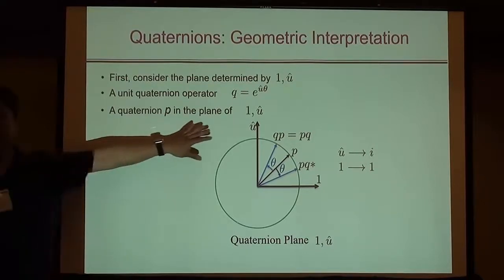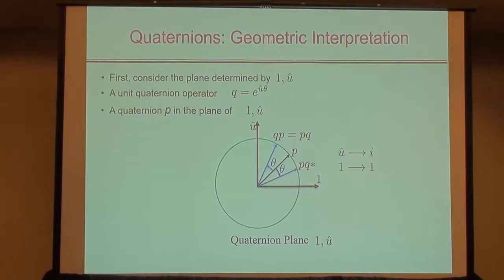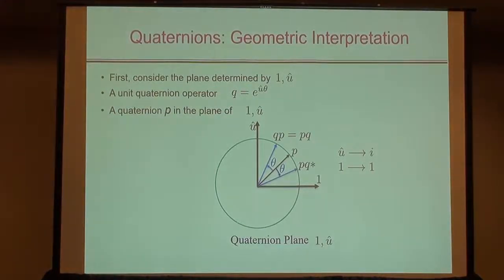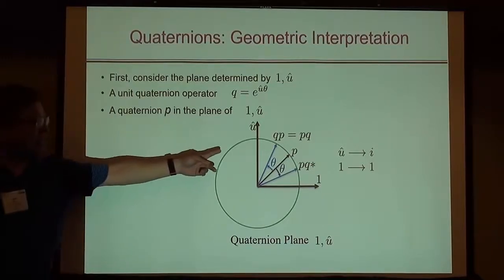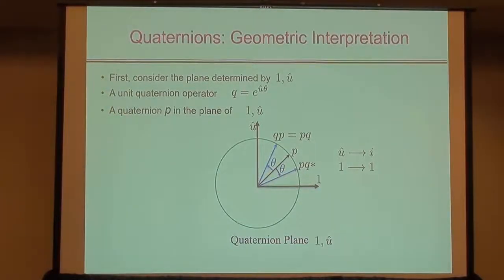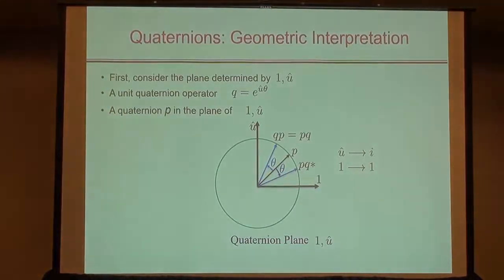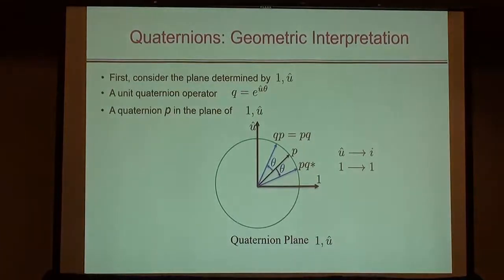So people will always say Quaternion represents a 3D rotation. Technically, that's not quite accurate. A Quaternion itself represents a 4D rotation in two orthogonal planes. It's the combination of these two that gives you a 3D rotation. That's the whole point.